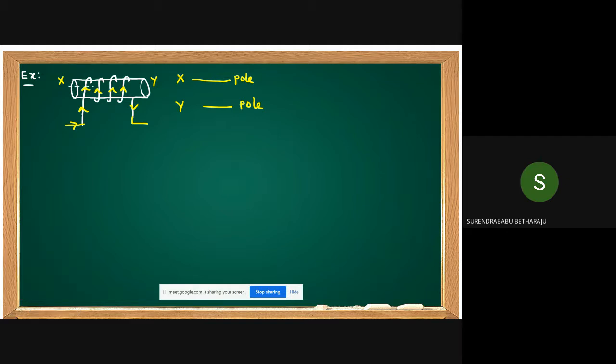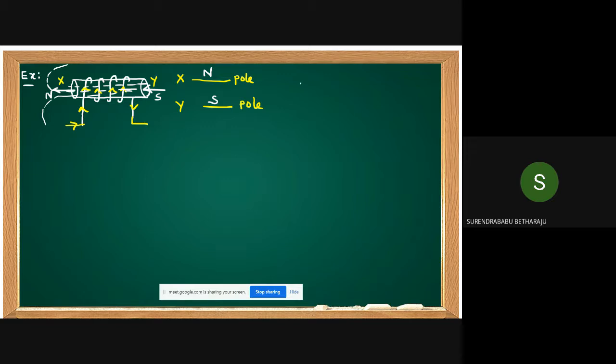This is the direction of the flux. Where the flux starts is the north, so that is north, and automatically the other end is the south pole. That's why X acts as a north pole and Y acts as a south pole.